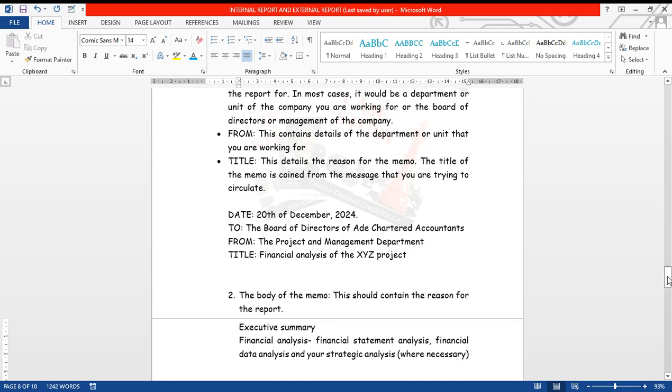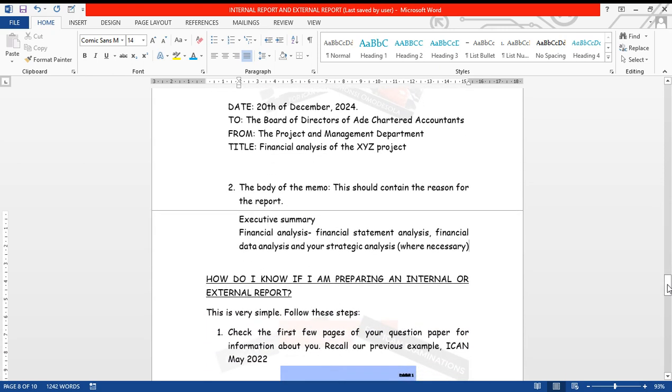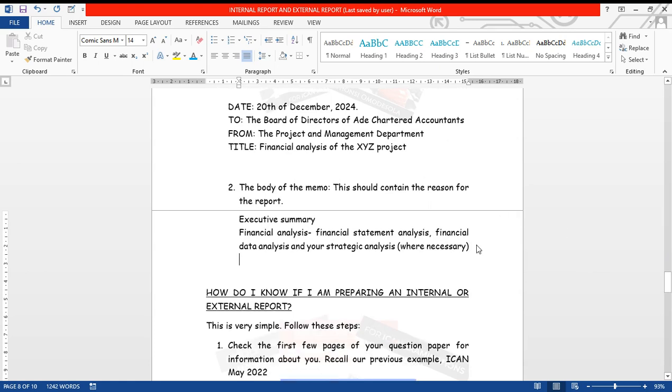So when necessary, that's what you're supposed to do. Then obviously, after the body of the report, you have your appendix.